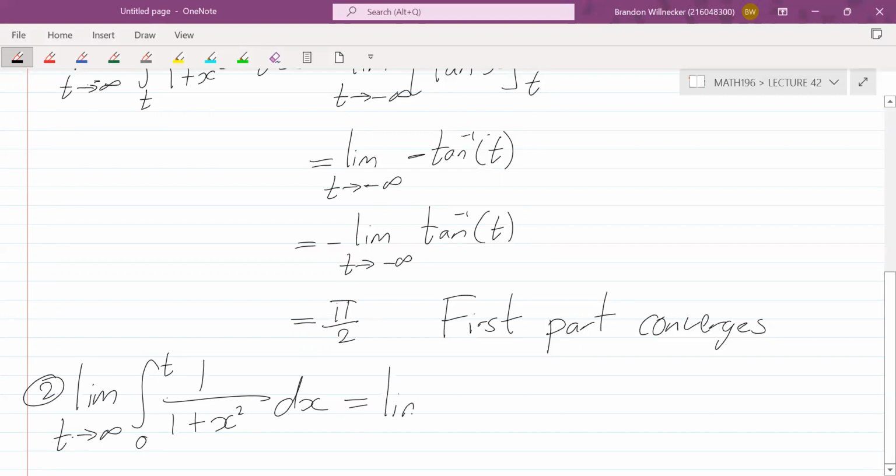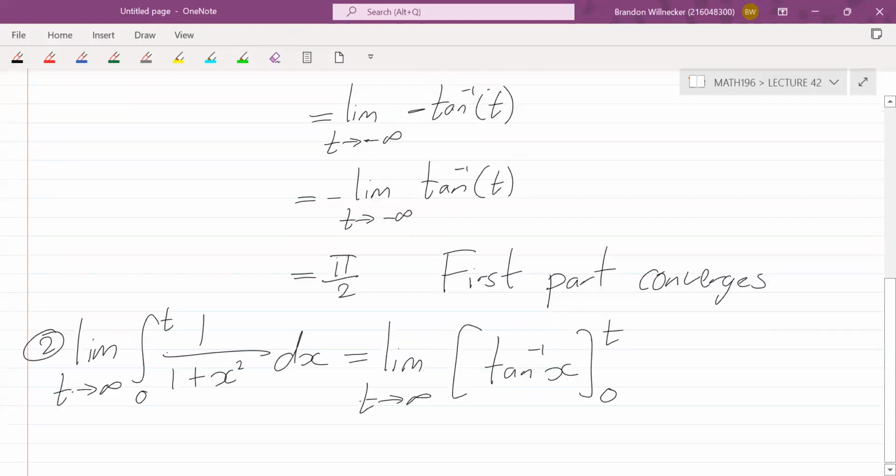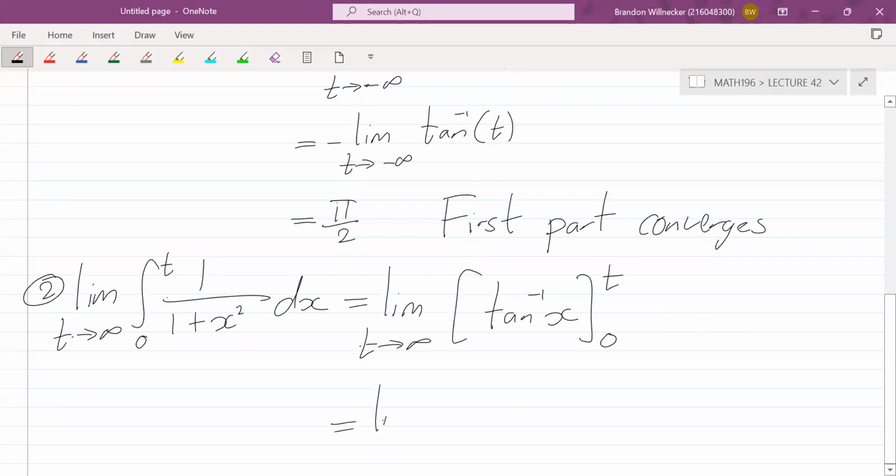This is going to be the limit as t goes to infinity of arctan, same as before, but now the bounds are going from 0 to t. So we're going to have the limit as t goes to infinity of the arctan of t minus the arctan of 0, but that's just 0, so we don't need to write that.